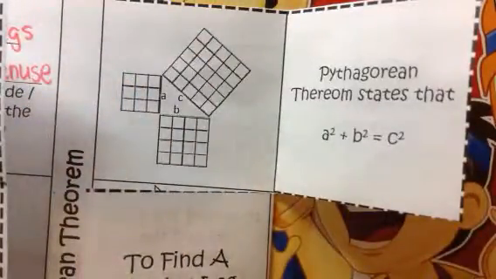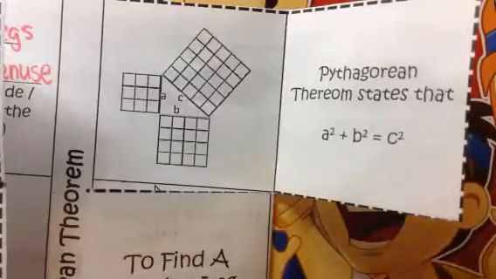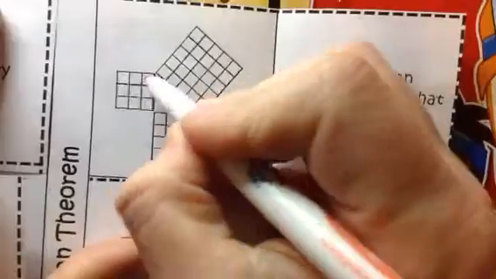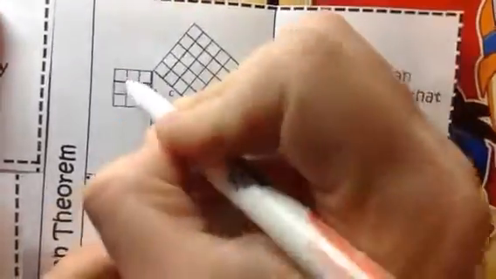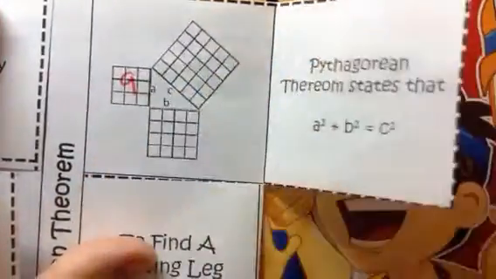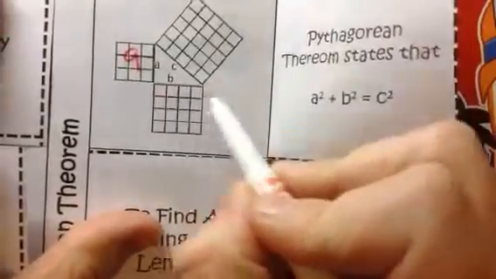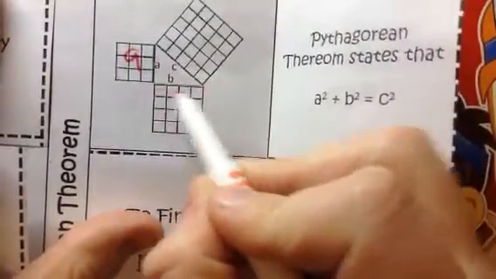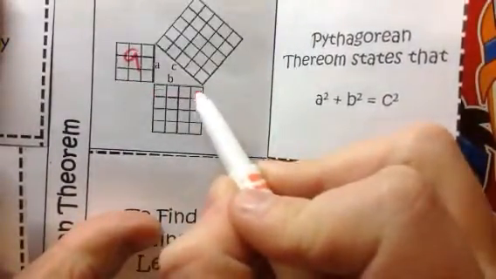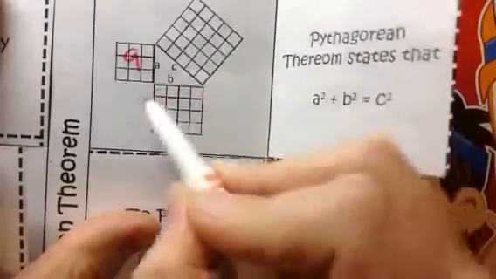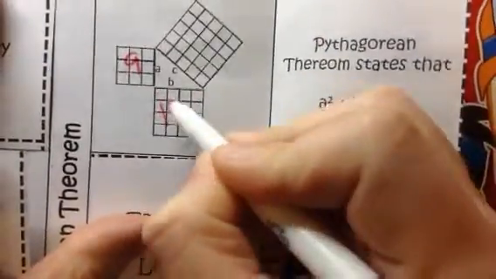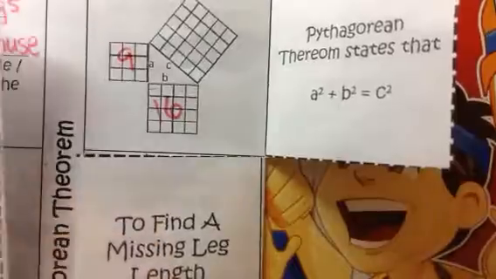Okay, so it has an area of 3 by 3, so this is an area of 9. This side of the square is 4, so 4 times 4, or 4 squared, is 16.